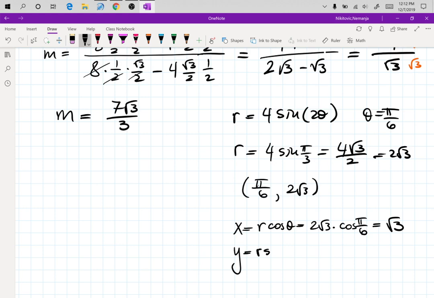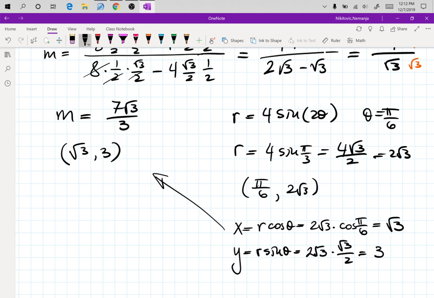Y equals r sine theta is 2 root 3 times a half, because that's sine pi over 6, and it's just 3, right? So now I have a point of root 3, 3. So y equals mx plus b.